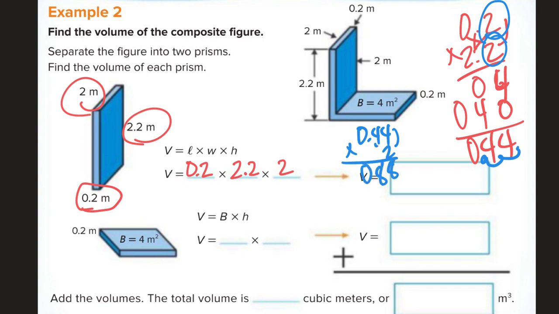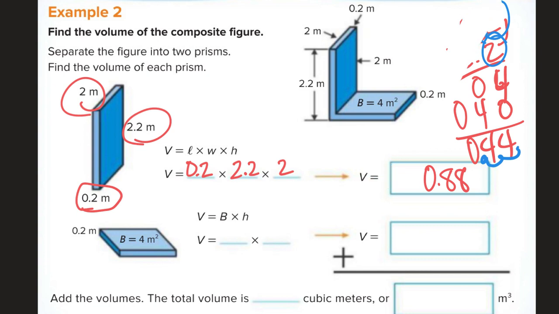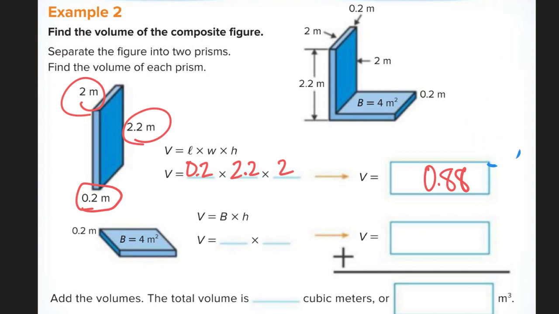Again, 2 digits to the right of the decimal, bring it back 2. So for this first one, we have 88 hundredths meters cubed for our volume.